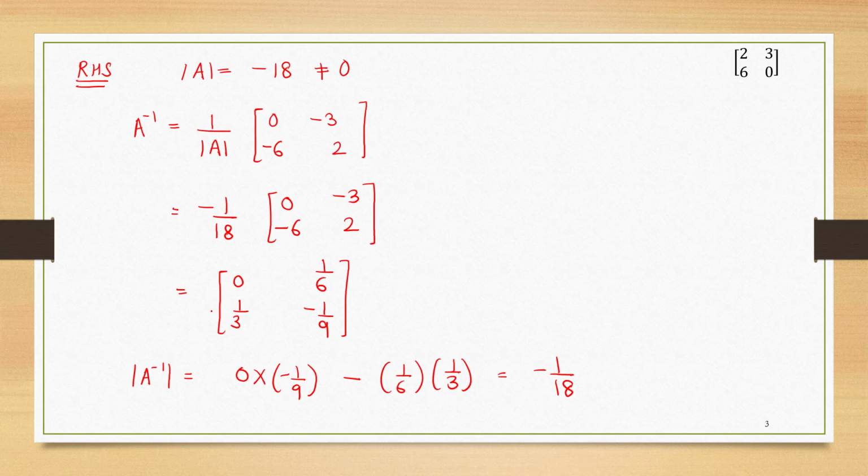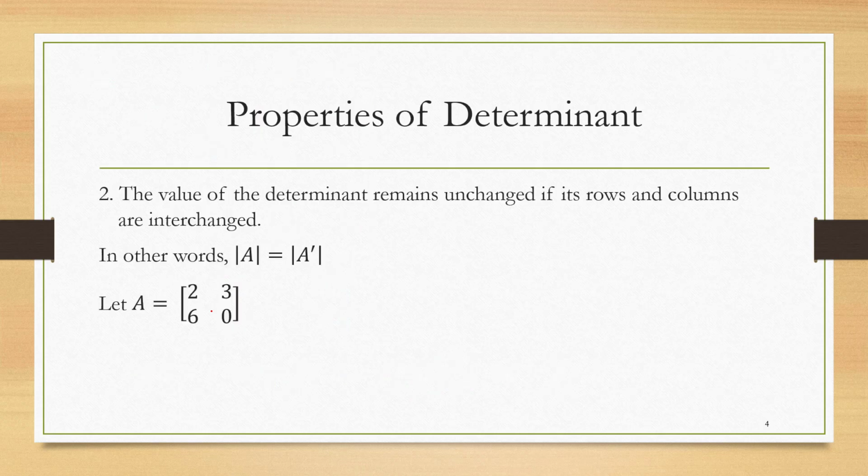Let's come to the second property. It says the value of determinant remains unchanged if its rows and columns are interchanged. Recall that when we interchange the rows and columns, it is defined as transpose of A. So in other words, the property says that determinant of matrix A is the same as determinant of its transpose. Again, I am taking the same example A, that is 2, 3, 6, 0.